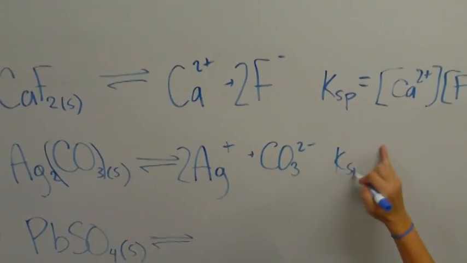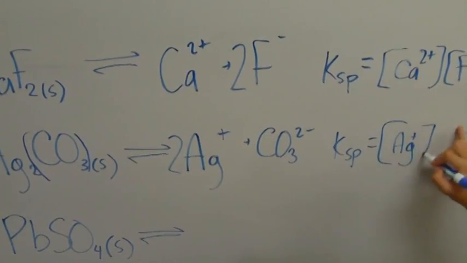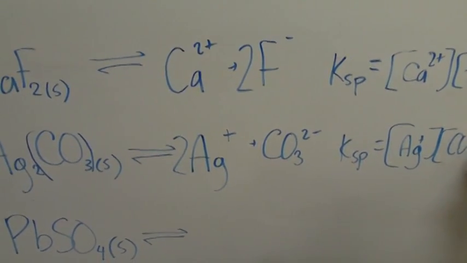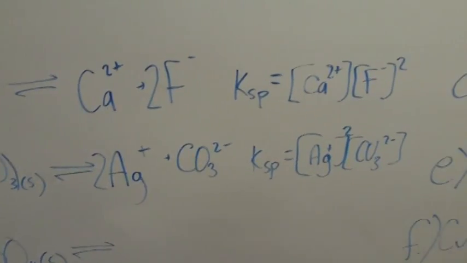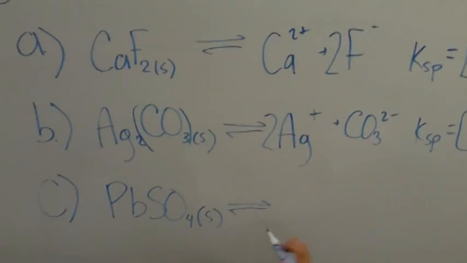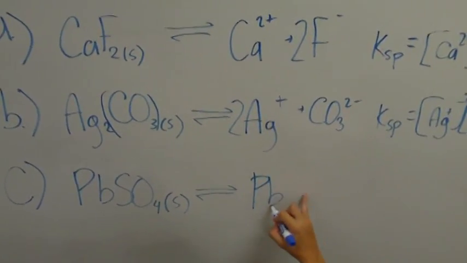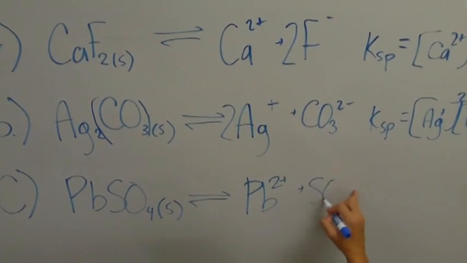So this is the easy part, where we just write them out so that they're products of each other raised to their coefficients. Now for this one, we have lead and sulfate, so it's going to be Pb lead 2 and sulfate.